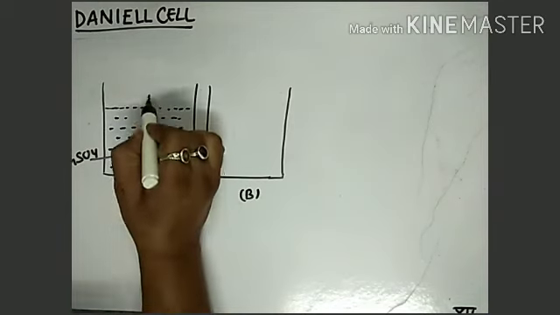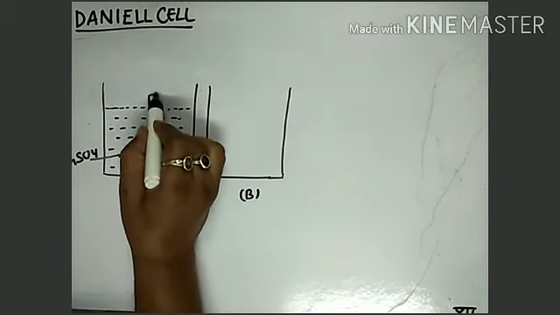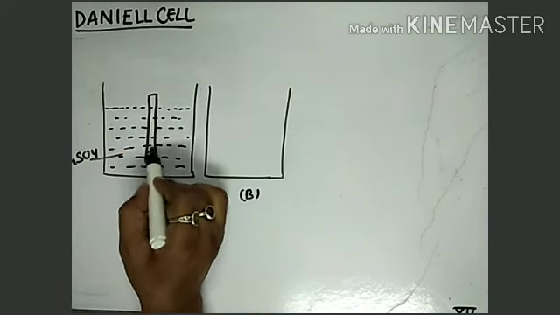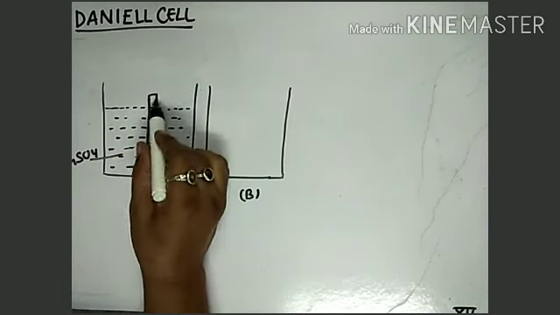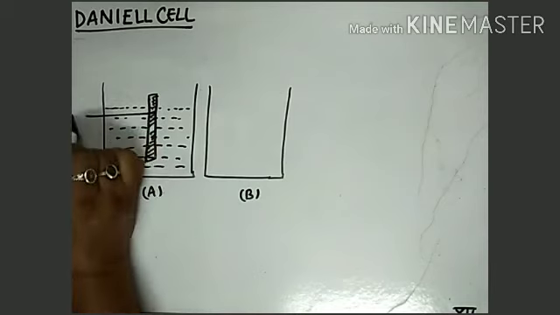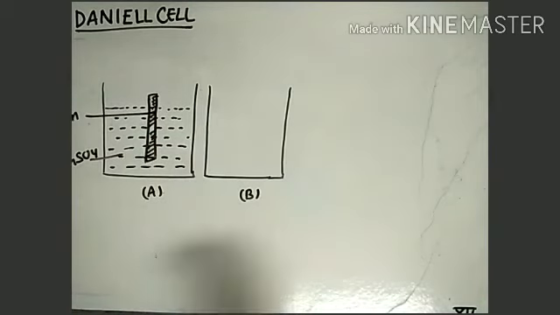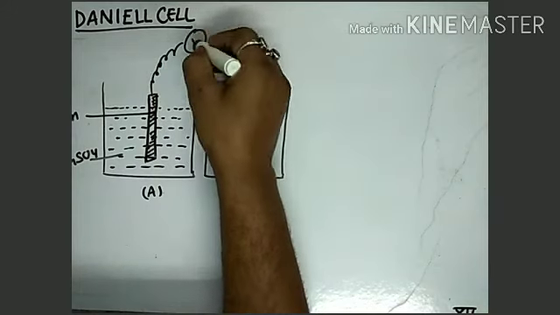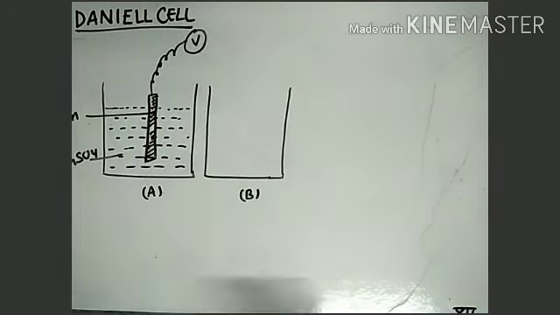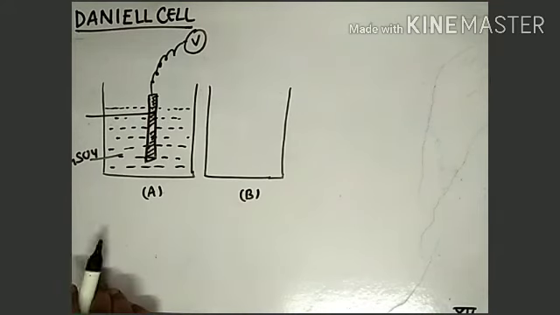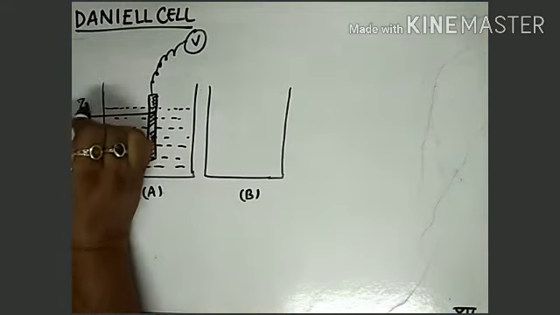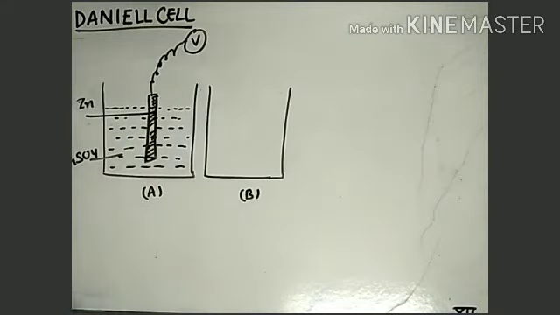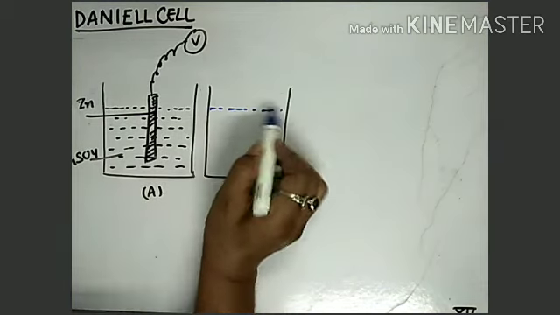We put a rod, this is the zinc rod. This zinc rod is further connected with the voltmeter. And on the other hand, in container B we have the copper sulfate solution.